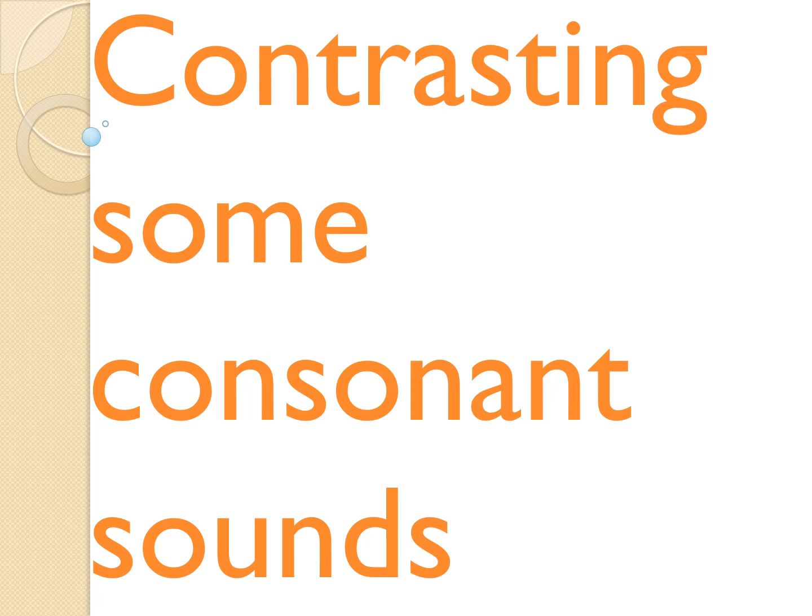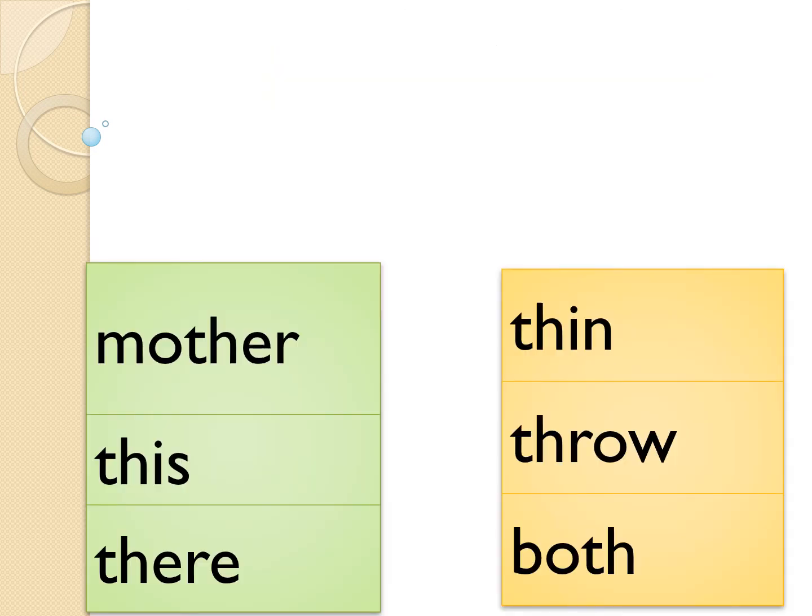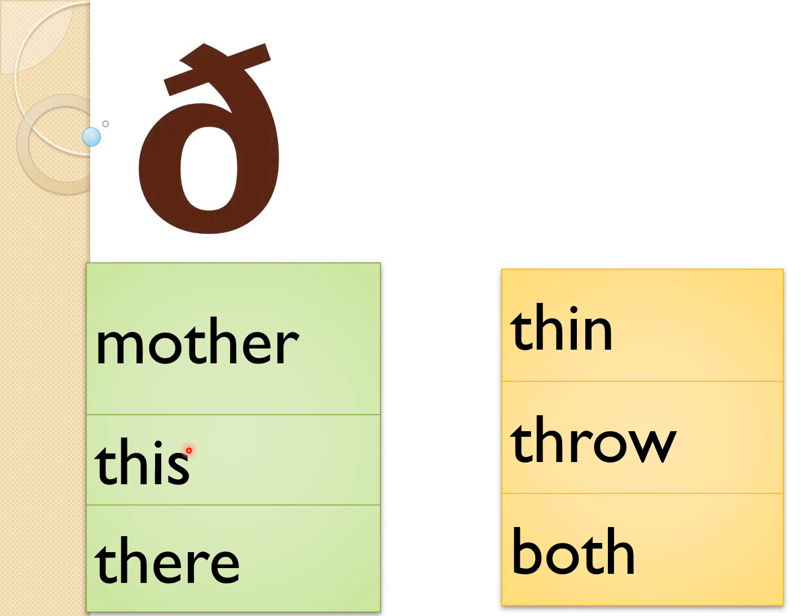I'm going to focus on the last eight symbols. Have a look at these two lists of words. Mother, this, there. What is the symbol that can be used to represent the sound of TH here? It is the voiced th sound.